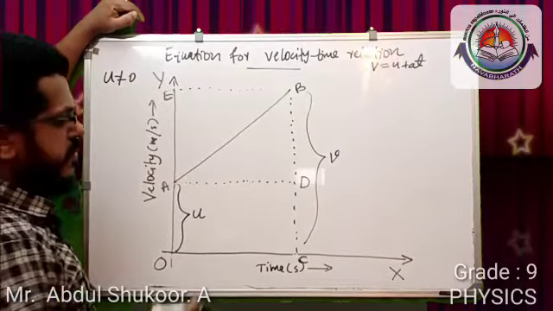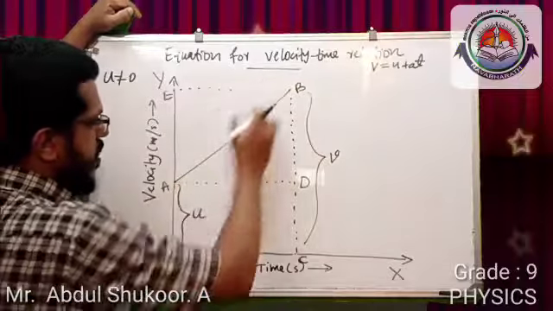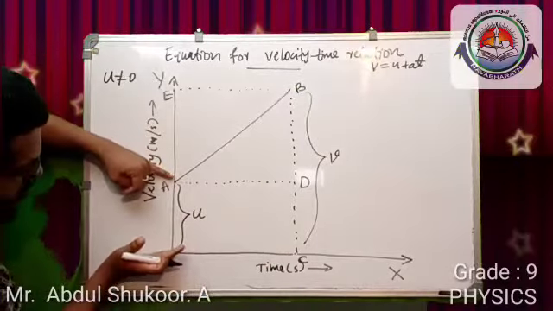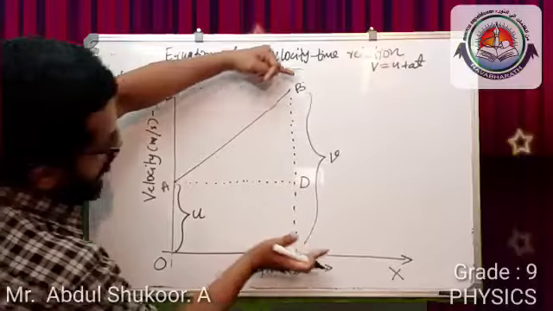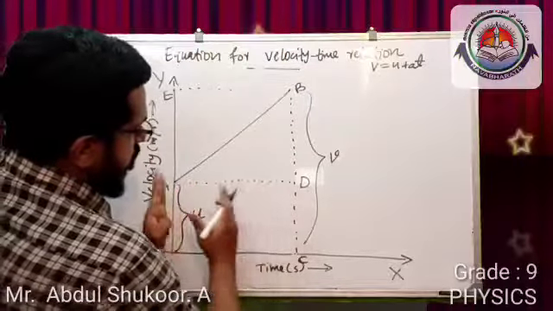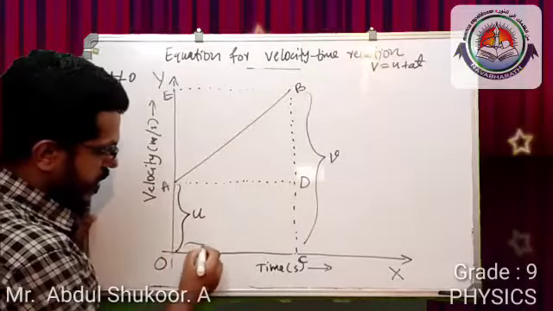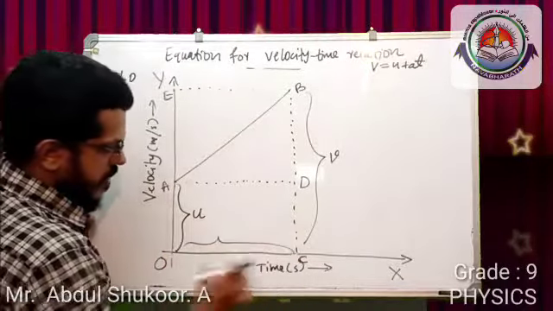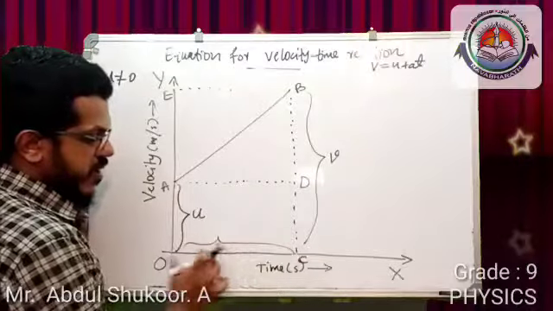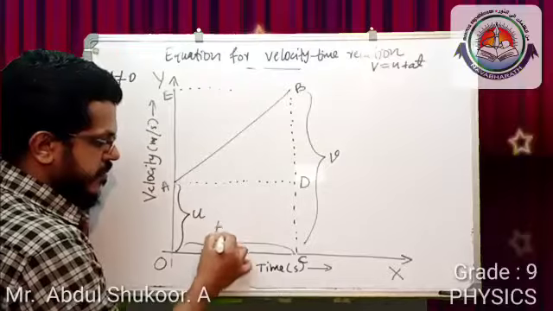Okay, then what is the time interval between this change in velocity? Here the initial velocity is u. After some time the velocity changes to this value. Then what is the time interval of this change of velocity? That is OC. OC is the time interval, represented by the letter t.